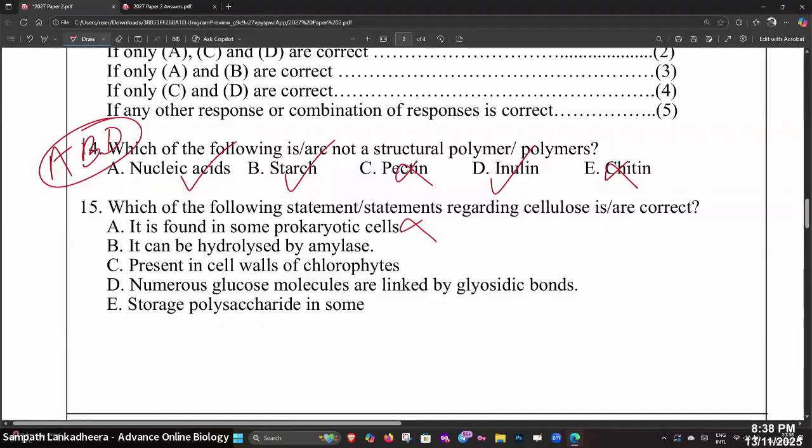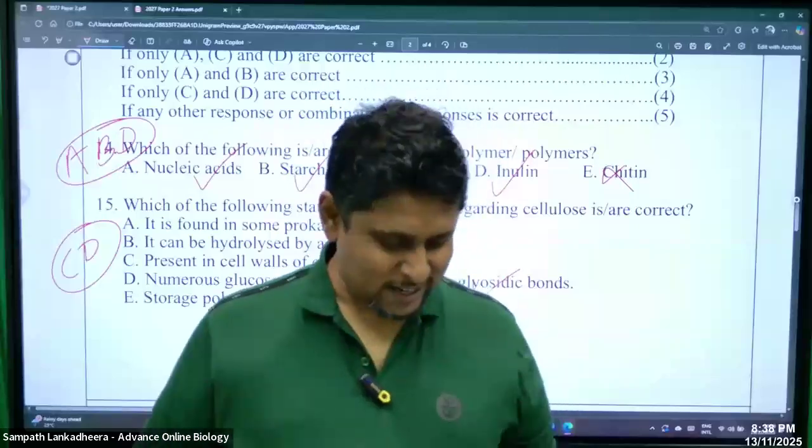It can be hydrolyzed by amylase: wrong. Present in the cell wall of chlorophytes: correct. Numerous glucose molecules are linked by glycosidic bonds: correct. Storage polysaccharide in some: no. So CD must be the answer. The 15th question answer is CD.